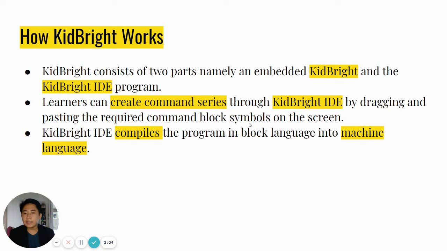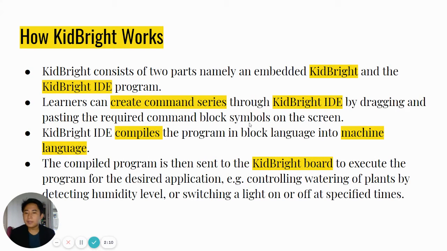So KidBright IDE compiles the program in block language into machine language. And then the compiled program is then sent to the KidBright board to execute the program for the desired application. Examples: controlling watering of plants by detecting the humidity level or switching a light on and off at specified times. Okay, so those are some examples that you can do on KidBright board.